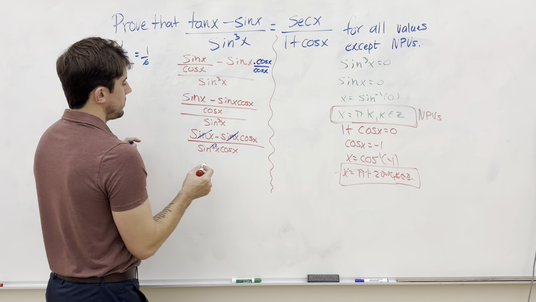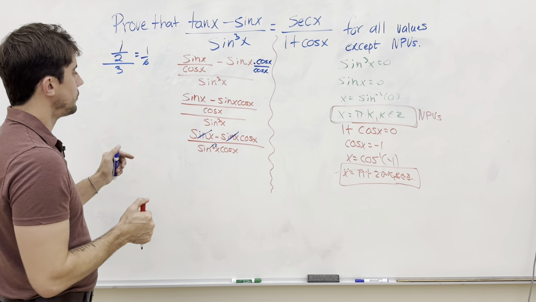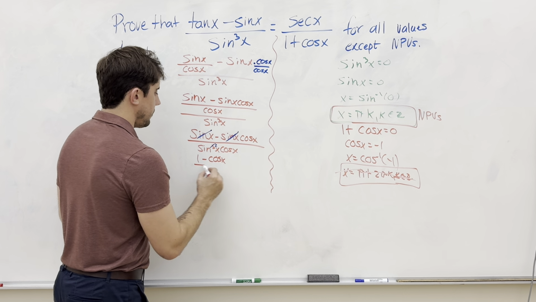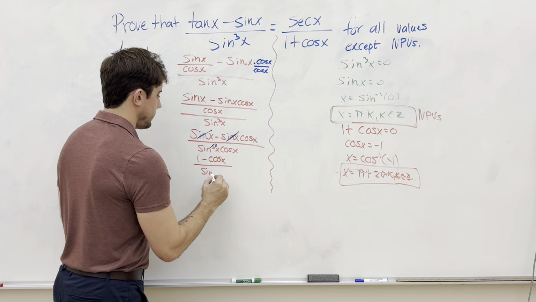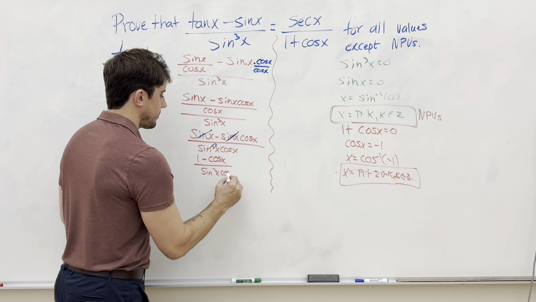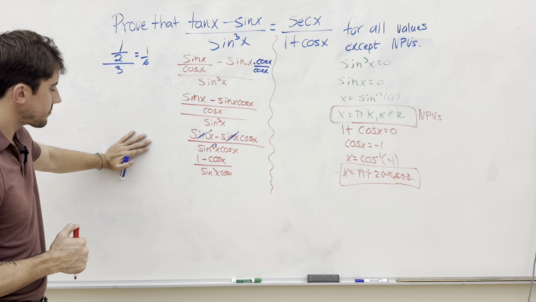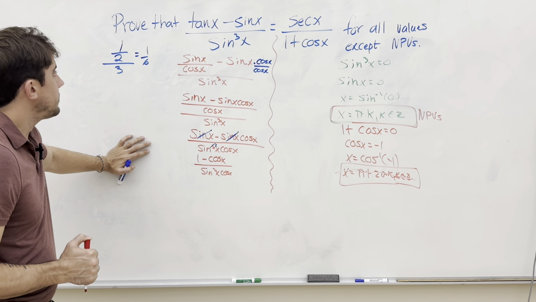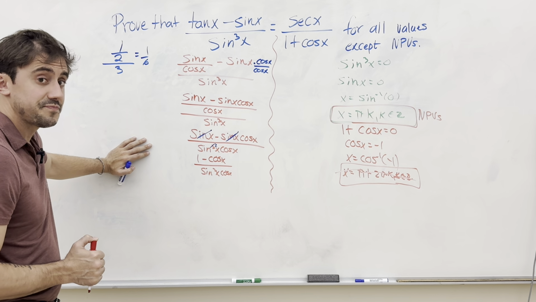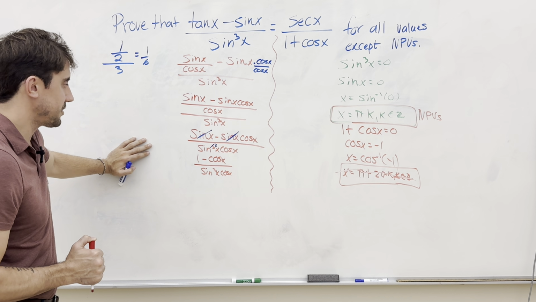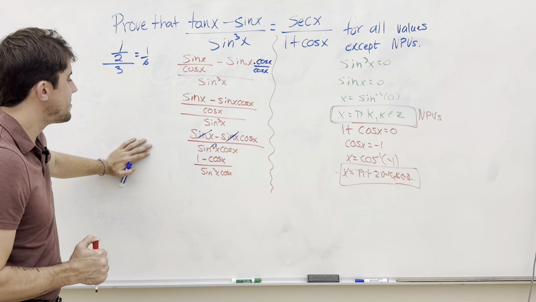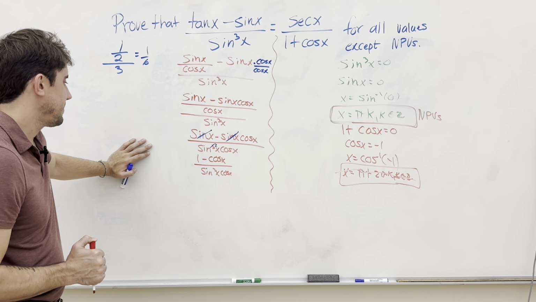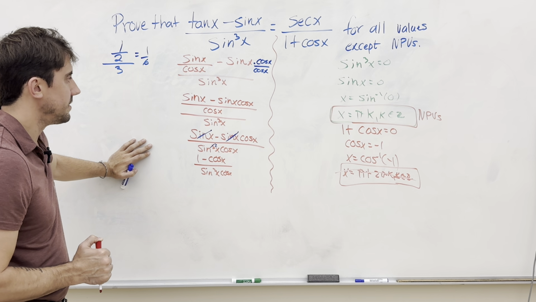And so now our numerator reads 1 minus cos x all over sine squared x cos x. And where do we go from there? Is a good question.